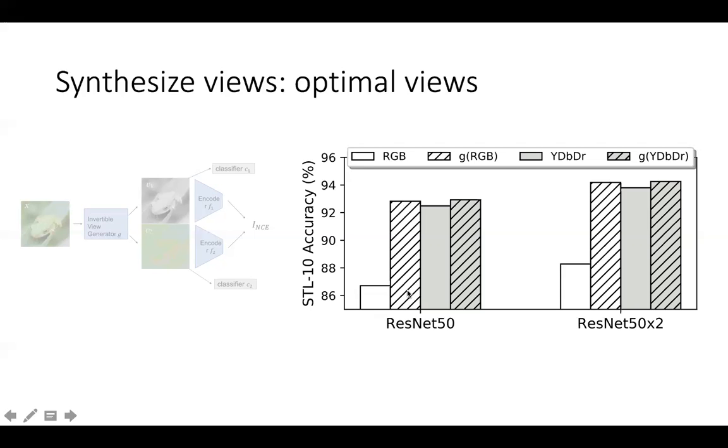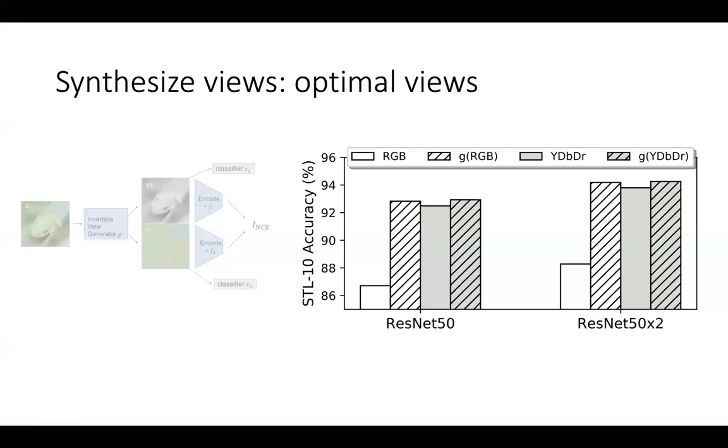The reason is probably due to the InfoMin guidance, such that the learned two views, V1 and V2, only contain information about your downstream task, but not other noise factors. So you can see that's where the improvement comes from.